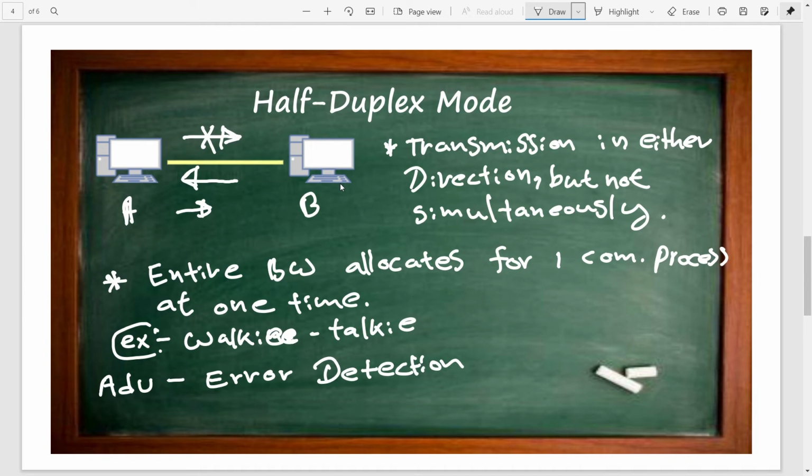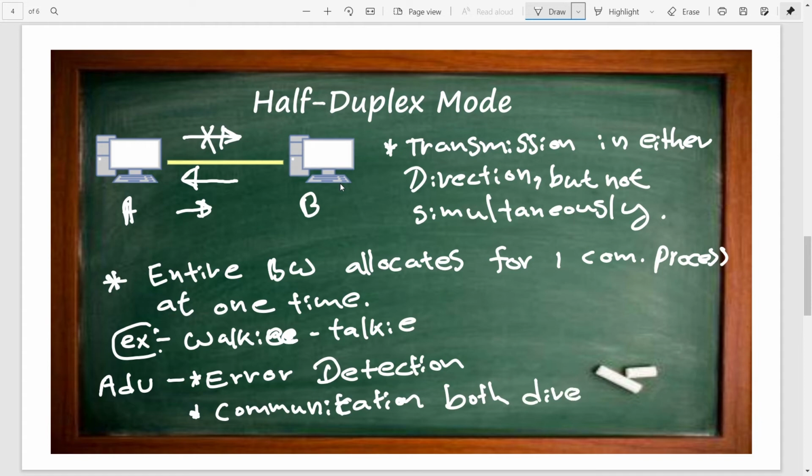and error correction also can be done when using half-duplex mode. Another major advantage of this kind of system is communication in both directions.